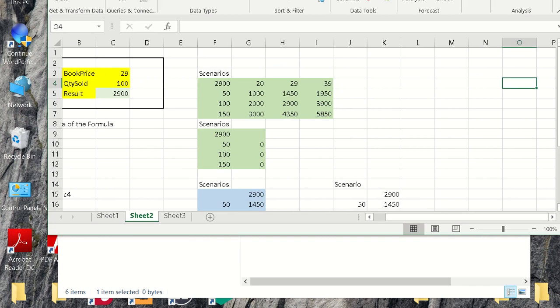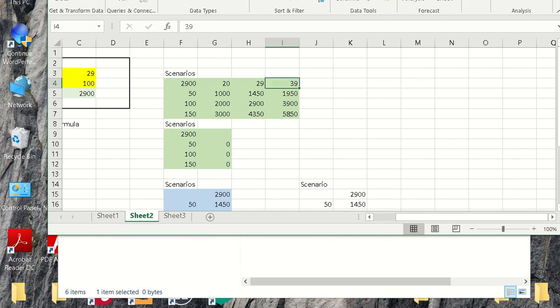What if you want to have a simultaneous analysis of the quantity sold and prices, and the result, you put the result on the corner.